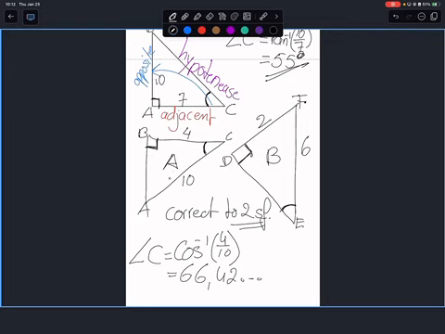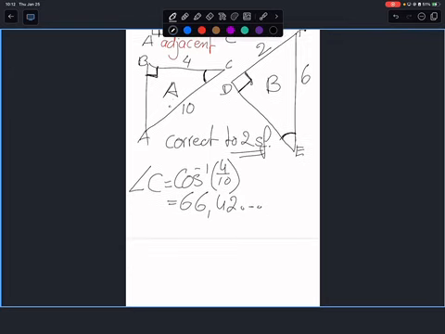It says correct to 2 significant figures. So after you've written down this, then you give the answer to 66 degrees. It's not in degrees, I think.